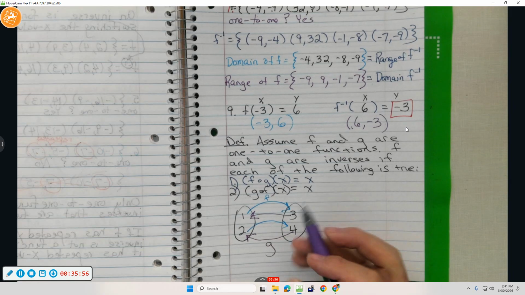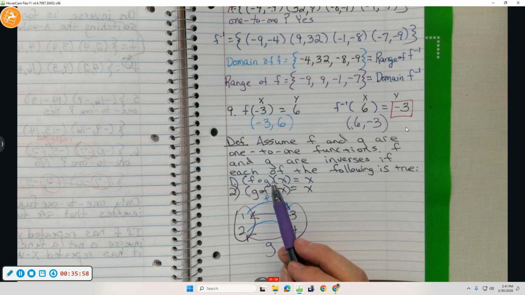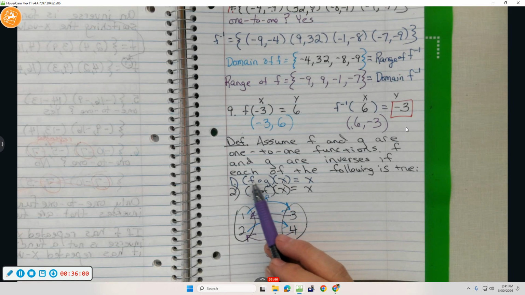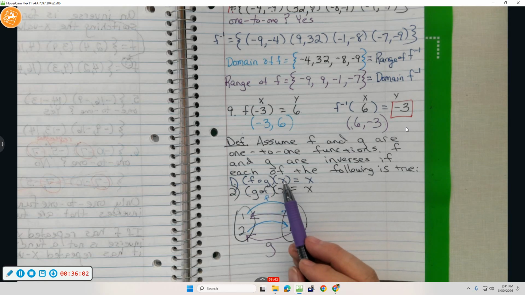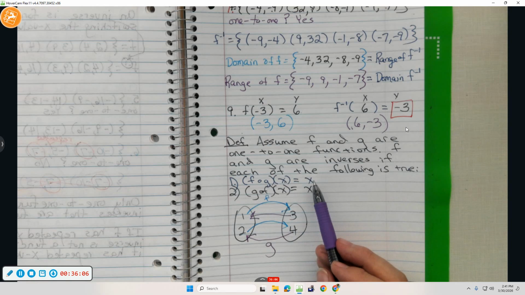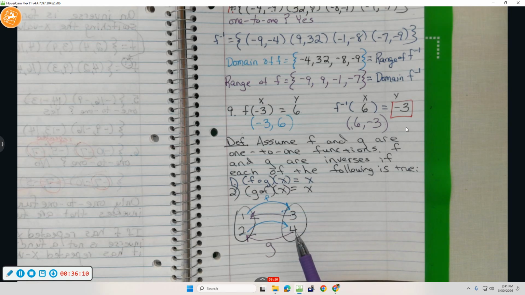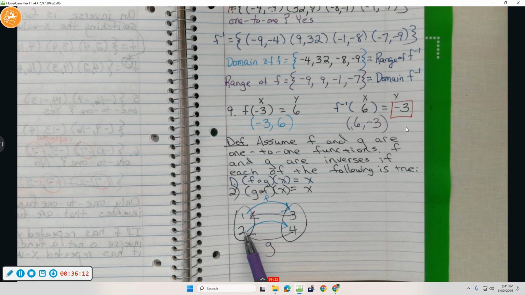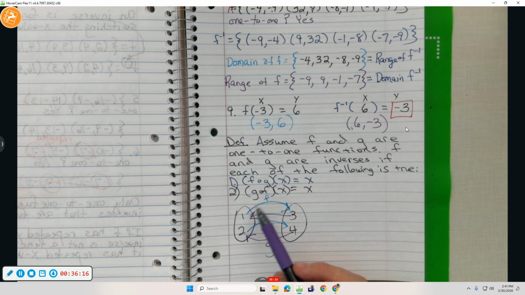So what this is saying is that it doesn't matter the order in which you perform the functions. Wherever you start, perform the two functions, you're going to end up where you started. So if I start at 4, 4 goes to 2, 2 goes back to 4. If that always happens, where you start is the place you end.